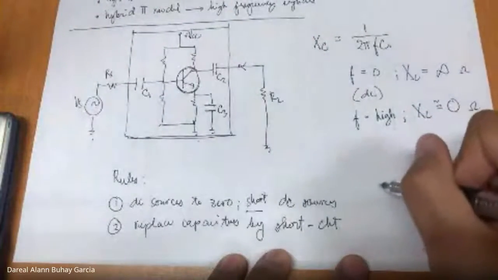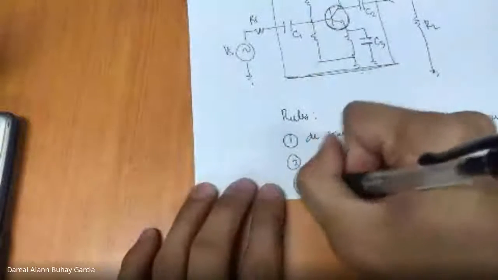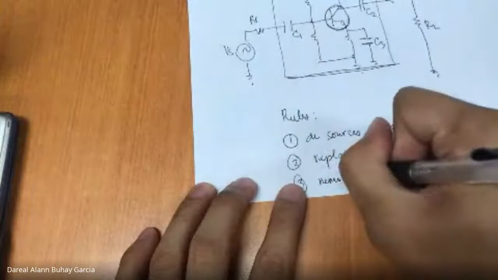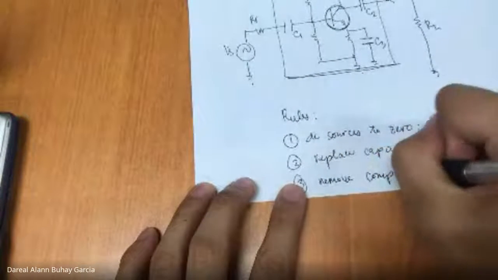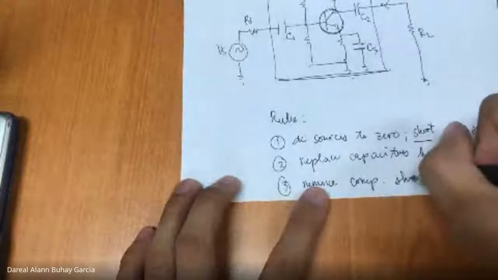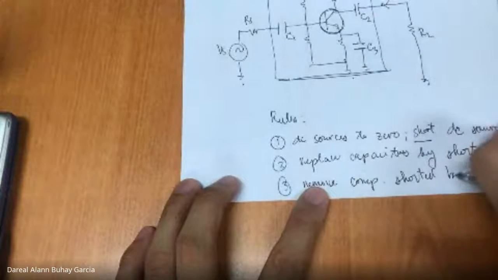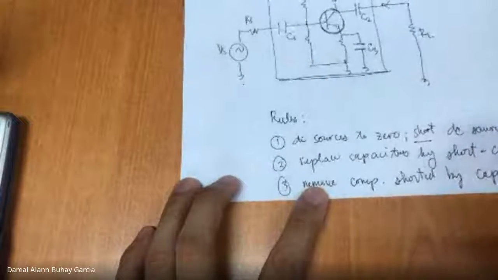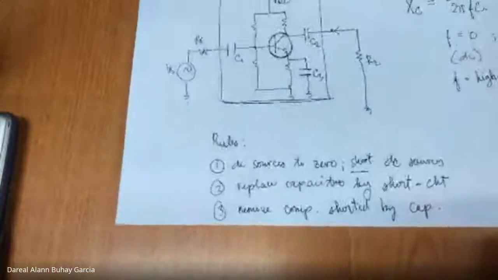The next is remove components shorted by capacitor. Okay, remove components shorted by capacitor.